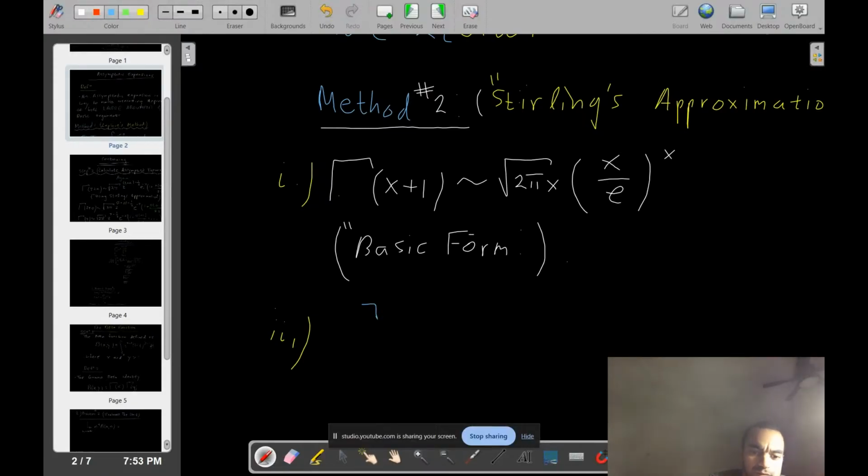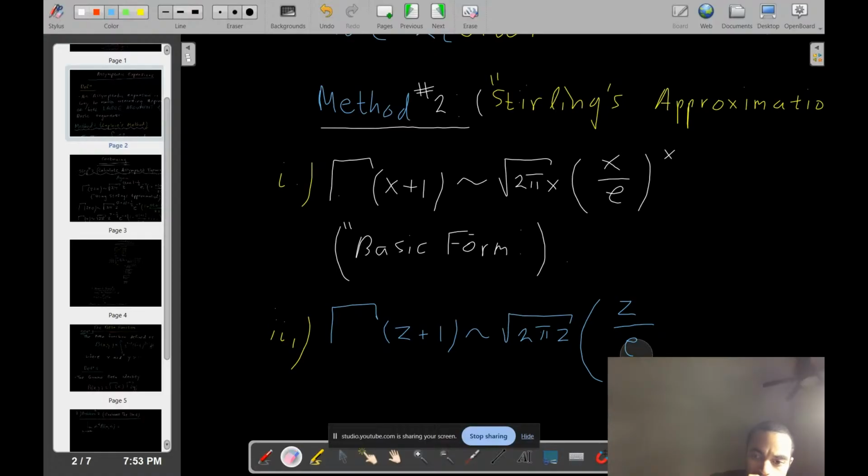This is for very large arguments: gamma of z plus 1 is asymptotic to root 2 pi z times z all over e to the power of z.